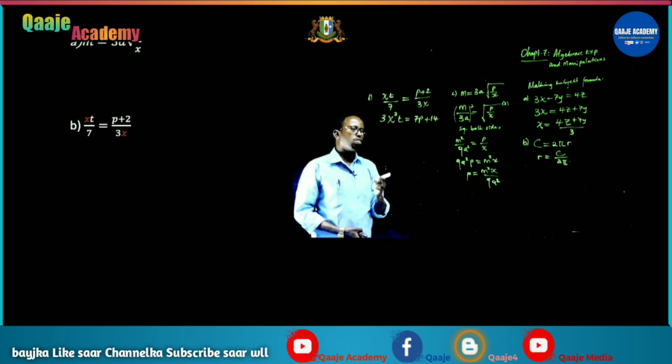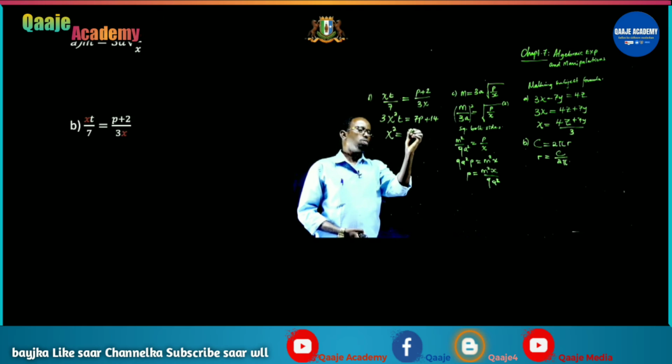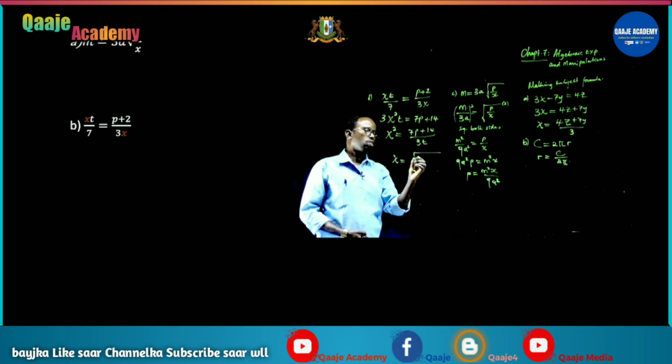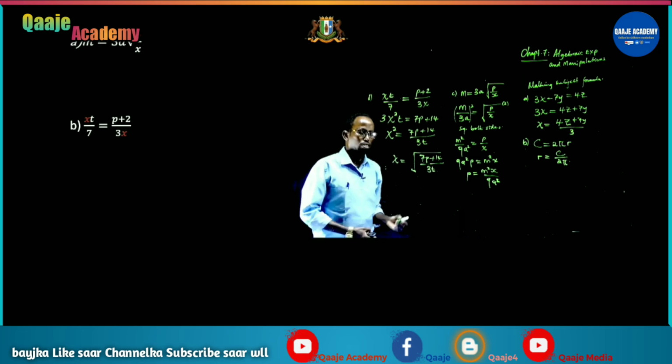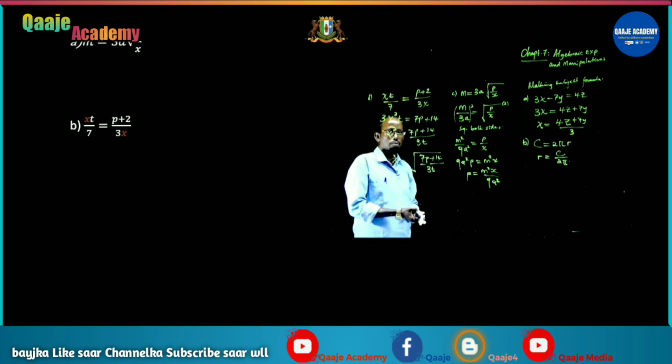So we divide both sides by 3T. You get X squared is equal to 7P plus 14, all of this divided by 3T. Therefore, X will be equal to plus or minus root of 7P plus 14, all of this divided by 3T. So that is the subject of a formula.